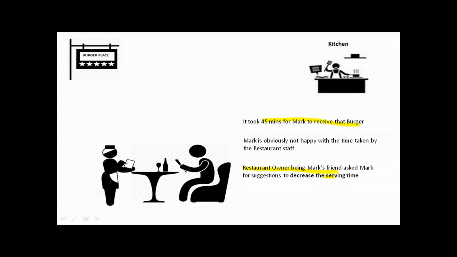Mark, can you tell me what we can do to decrease the serving time? I've been looking at it, but I'm not that educated or smart. Whatever I do is not working. So can you please give me some suggestions so that we can improve that time? I want to cut it down to 5 to 10 minutes. Tell me what we can do.